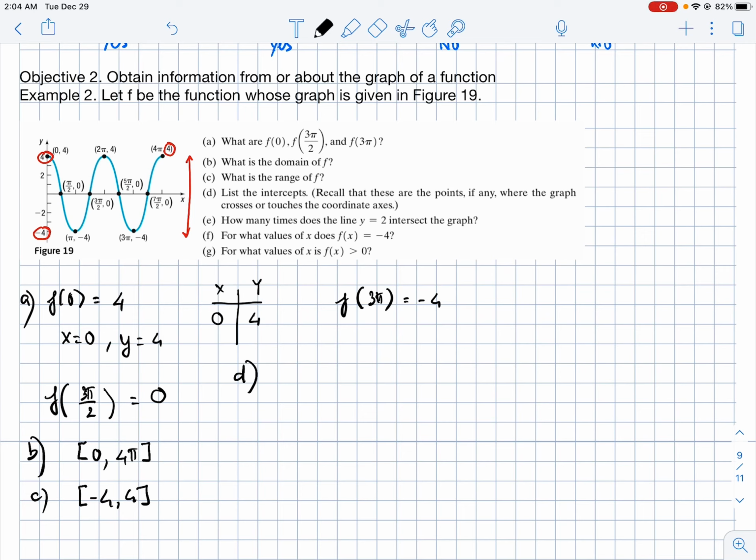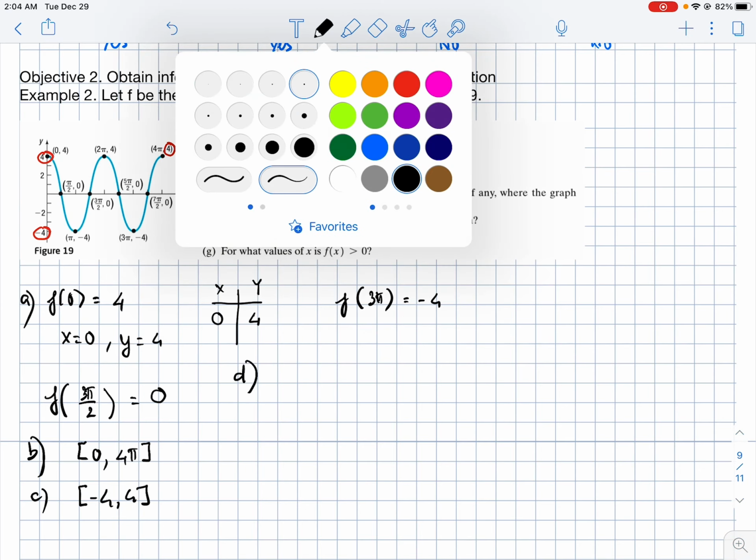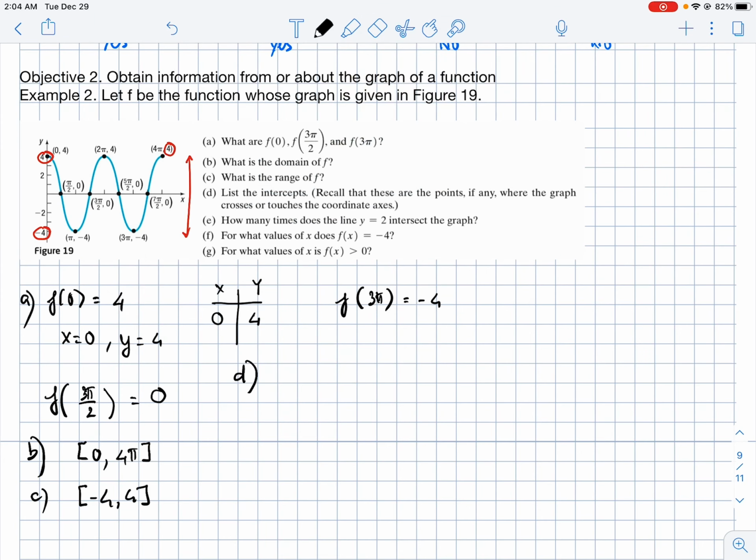Part D, list the intercepts. We have two kinds of intercepts, the x-intercept and the y-intercept. The x-intercept is just the points on the x-axis, okay? And the y-intercept is points on the y-axis.